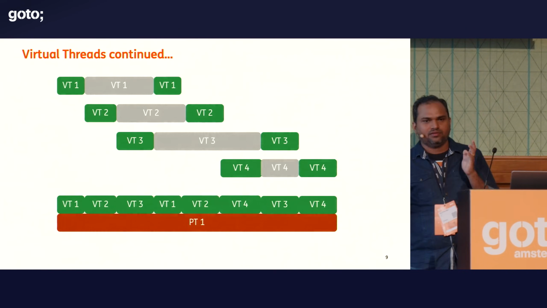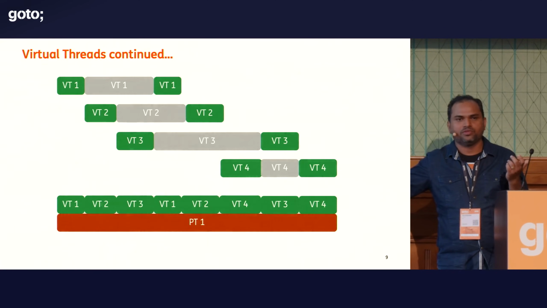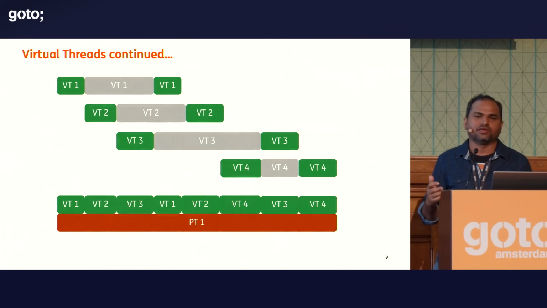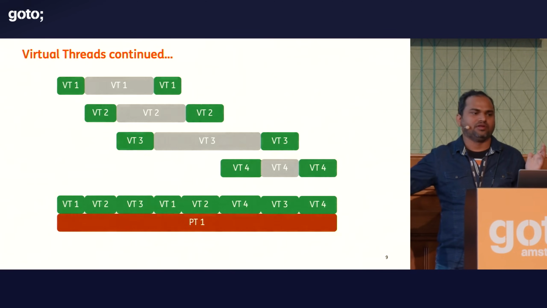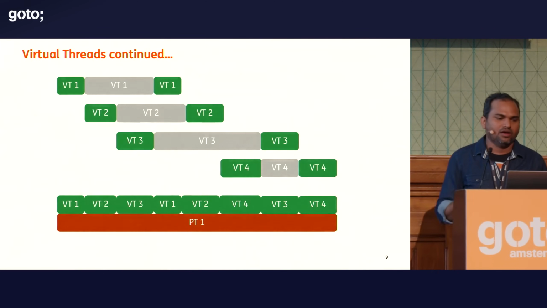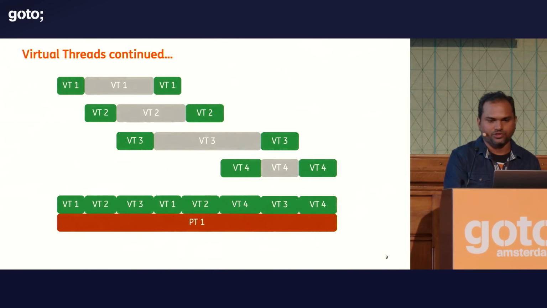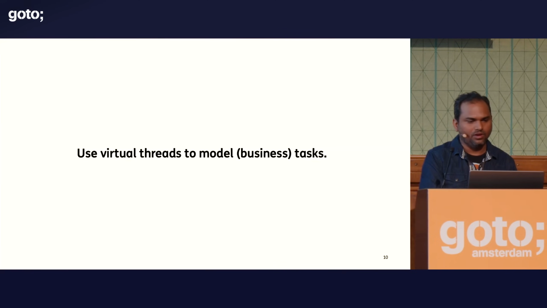Typically, the gray part is really big because, imagine a network I/O that requires hundreds of milliseconds, and the green part is really small, like some nanoseconds. So you can imagine the scale of, let's say, waiting time is thousands or millions of times bigger than the processing time. So a platform thread can basically handle thousands of virtual threads, and that gives the high scalability.